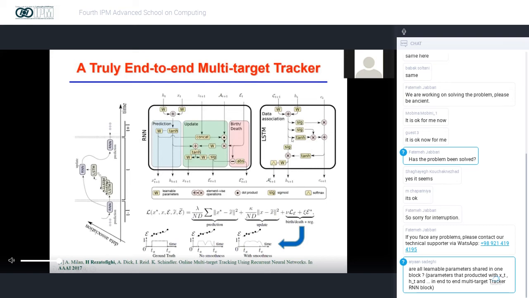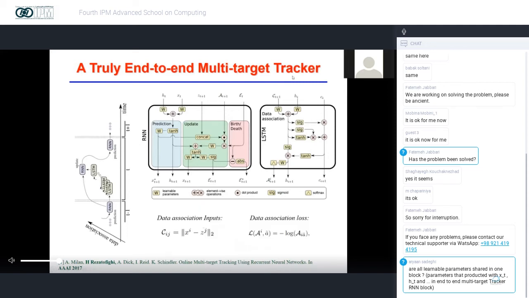But when we have multiple detections and multiple targets, then we have to learn data association. The input to this is the pairwise matrix between all of the predicted X star, which is the predicted position of the target in the next step, and the measurement at that time. We calculate the pairwise distance between the states of all targets and all of the detections, and this is like a matrix. Every iteration of the LSTM tries to predict a distribution over which detection is more likely to affect this target.